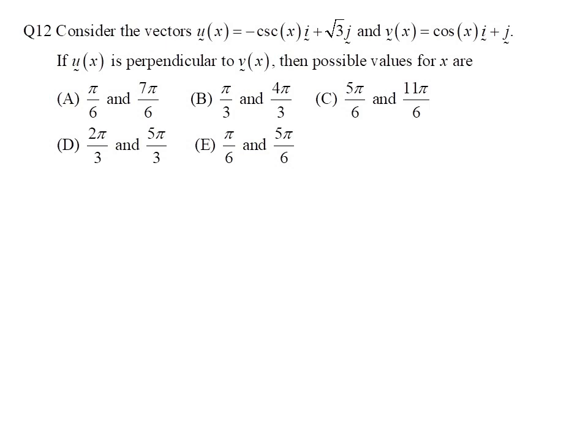In question 12, consider the vectors u of x and v of x. Vector u of x equals negative cosecant x i plus square root 3 j, and vector v of x equals cosine x i plus j. The question is to find the possible values of x if u of x is perpendicular to v of x.